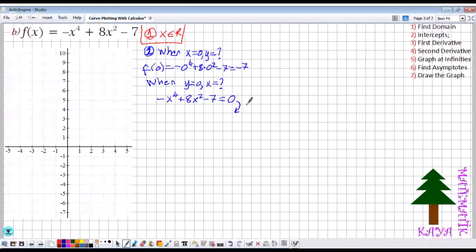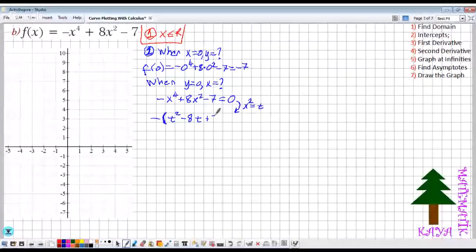If we replace x squared with another letter like t, I'm going to also move the minus out from every term. So it's going to become minus t squared plus 8 times t minus 7. When you move the minus out, it will be t squared minus 8t plus 7.